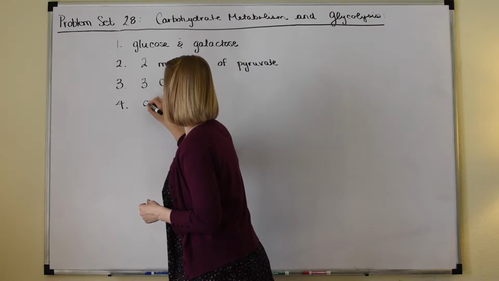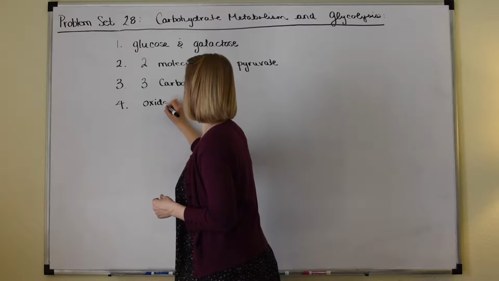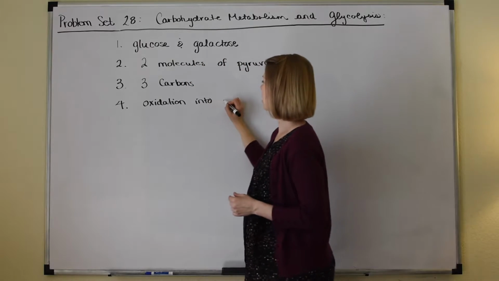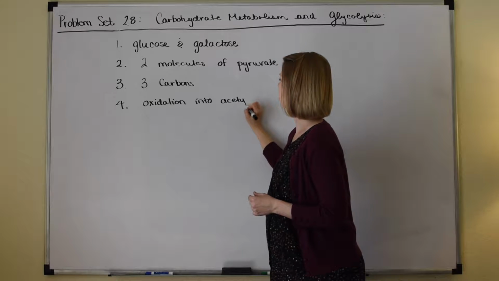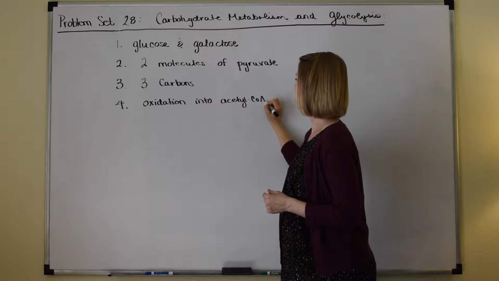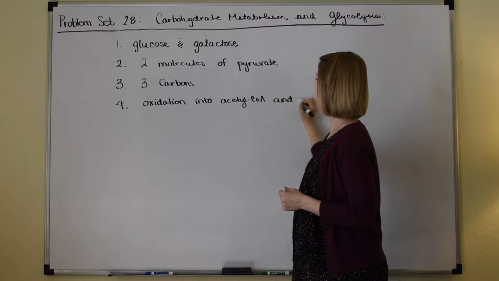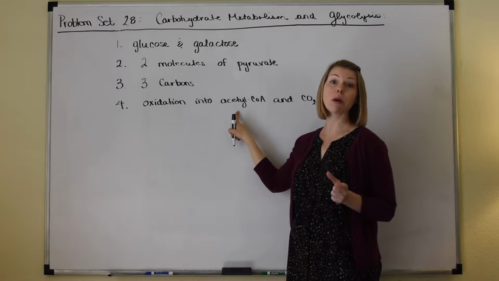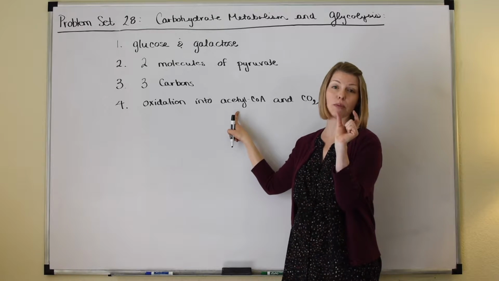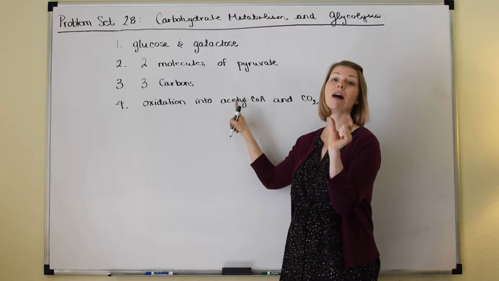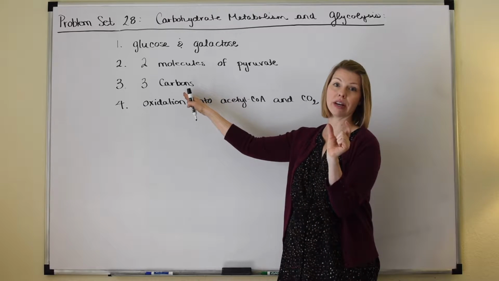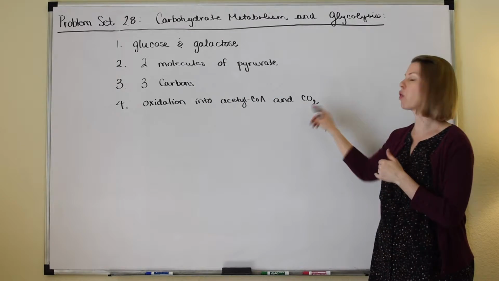So let's write oxidation into acetyl coenzyme A and carbon dioxide. So remember that the food molecules turn into the 2-carbon portion, the acetyl portion of acetyl coenzyme A. So that 3rd carbon from pyruvate got oxidized all the way to CO2.